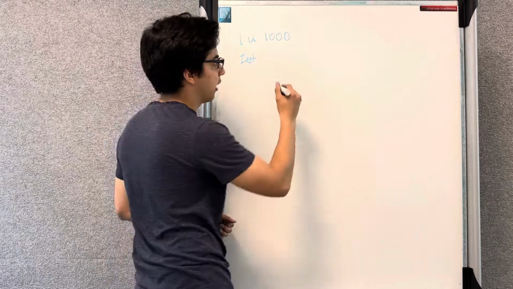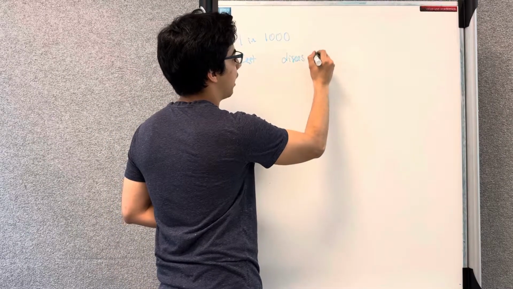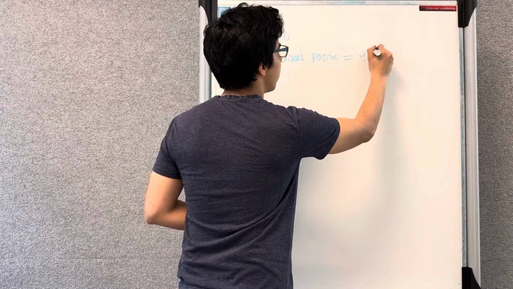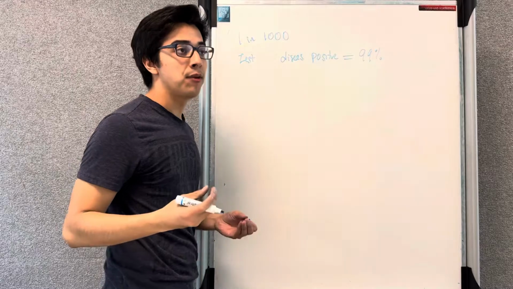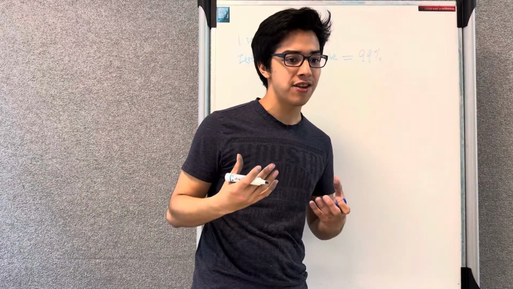If you have the disease and the test is positive, that means you have a 99% probability of having the disease, because the test is not always that accurate.